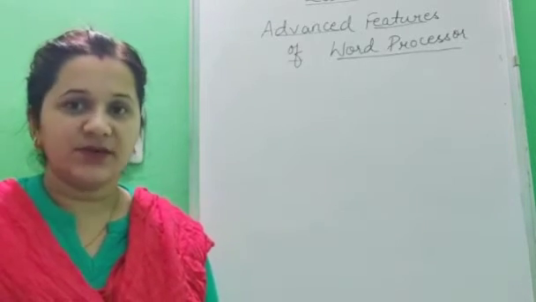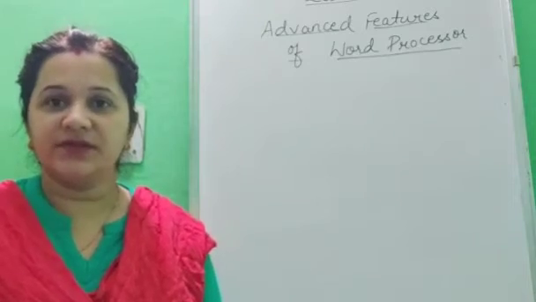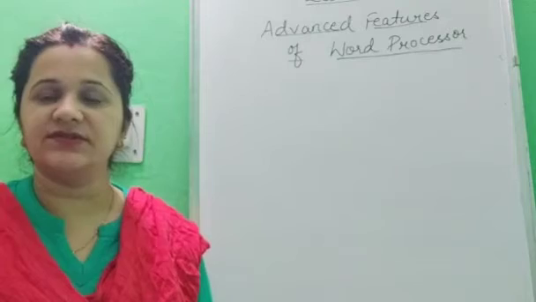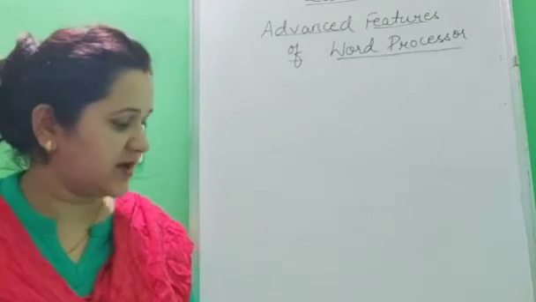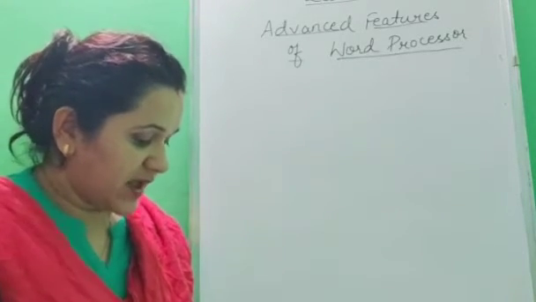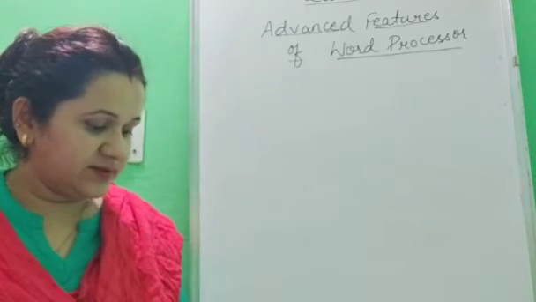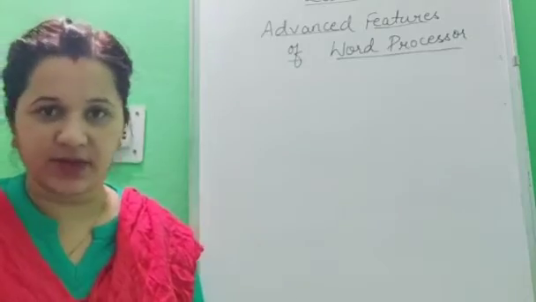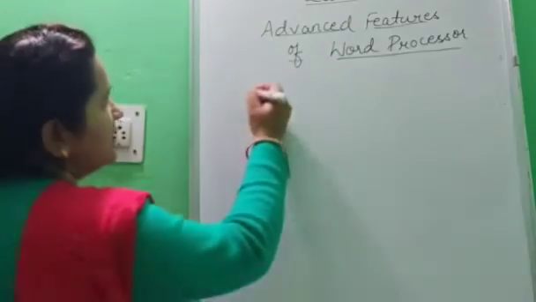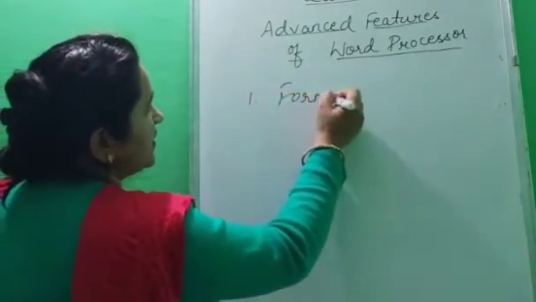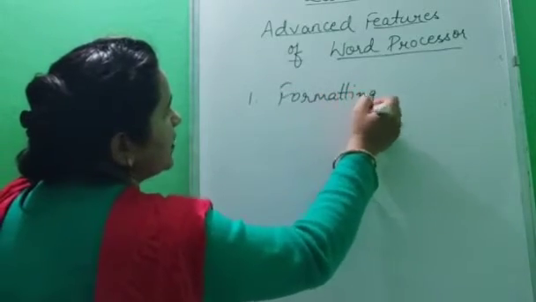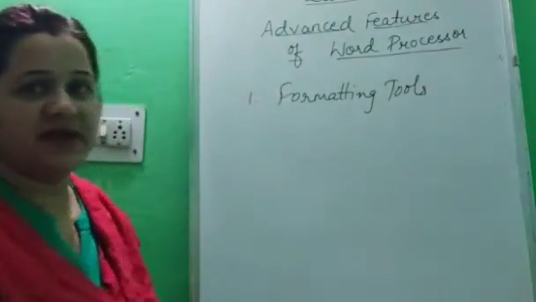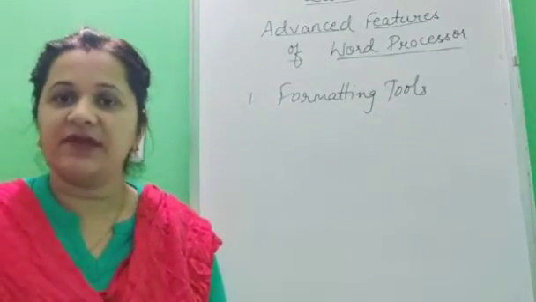Okay, children. In our previous video, we started our lesson number 3, advanced features of word processor. We have studied the 3 main categories into which MS Word tools are divided. First we studied the formatting tools, in which we learned about the format painter and how it works. We have done the practical also.